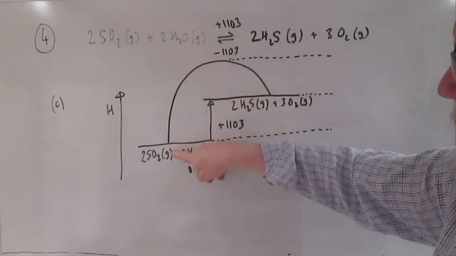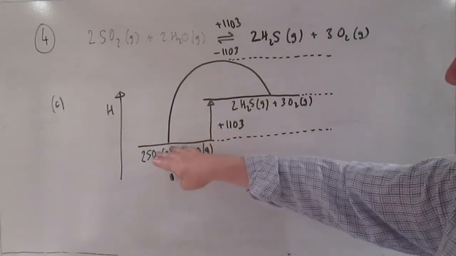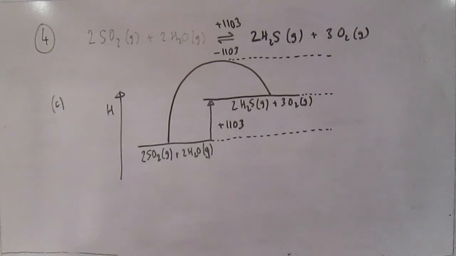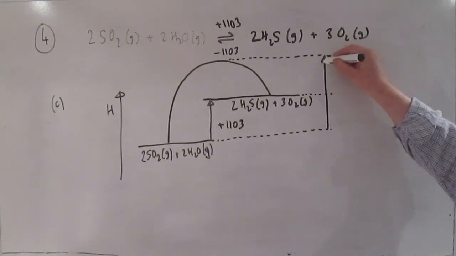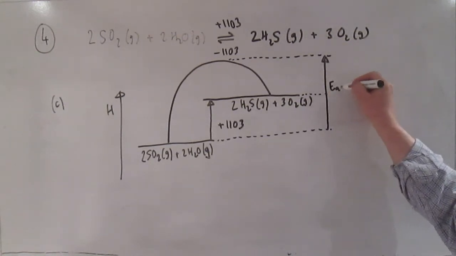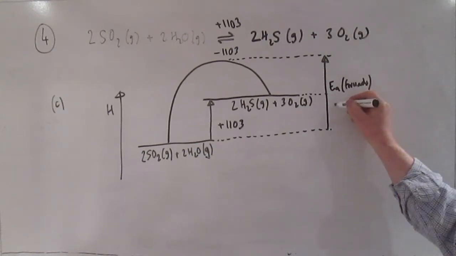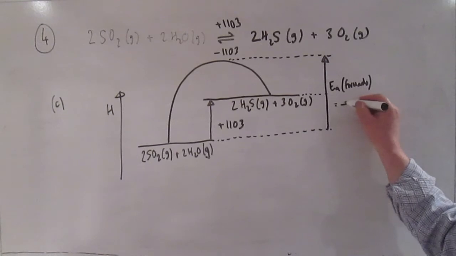Okay, so the activation energy for the forward direction is how much extra energy you have to add on to the average energy of the reactants to reach this critical value at the top of the hill. So the activation energy for the forward reaction is that. And it tells you in the question that that has a value of plus 1460.